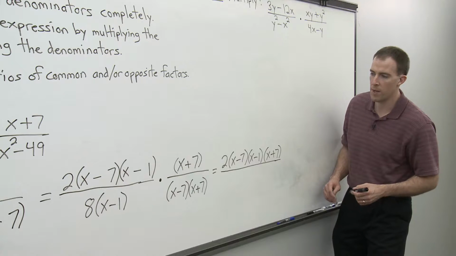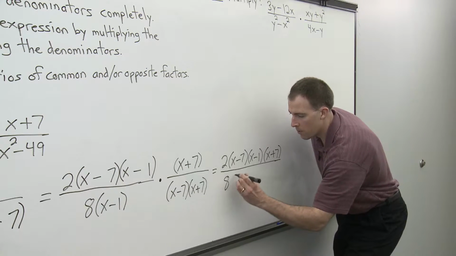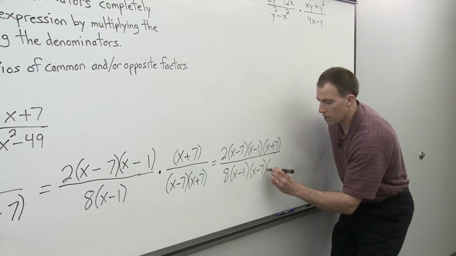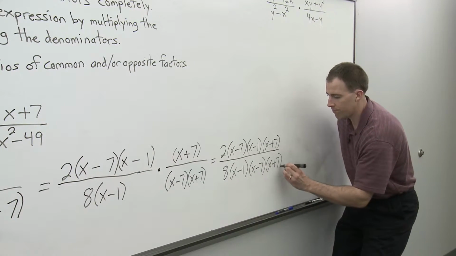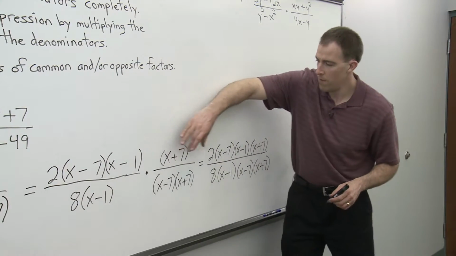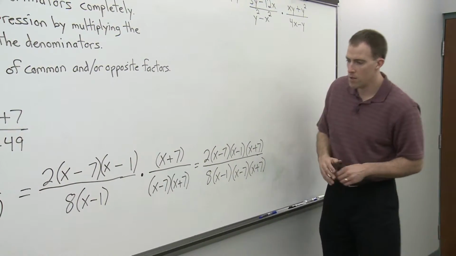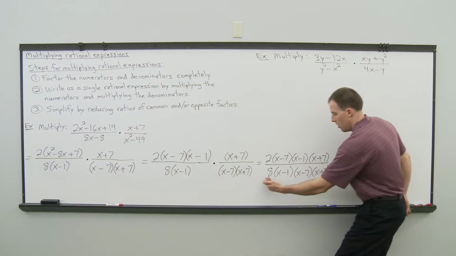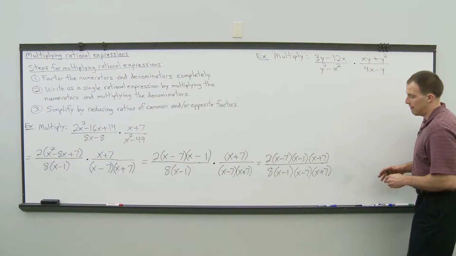In the denominator, we have 8 times (x − 1) times (x − 7) times (x + 7). I simply multiplied the numerator factors and wrote them as one numerator, and did the same for the denominator factors.